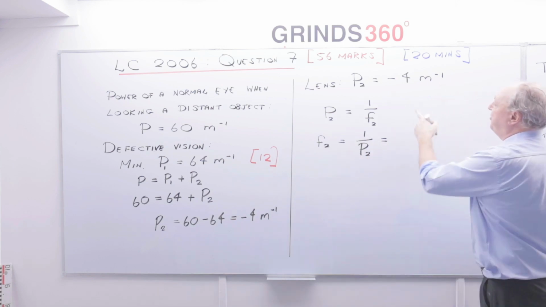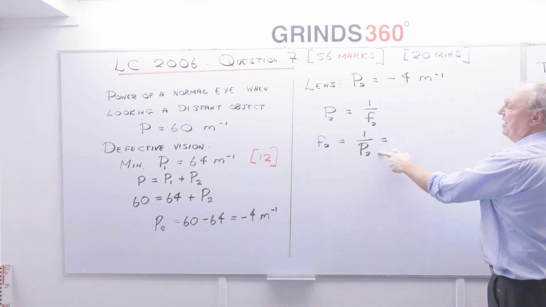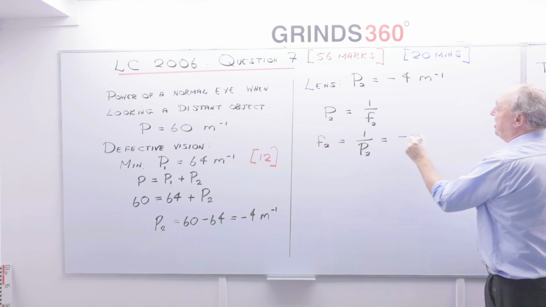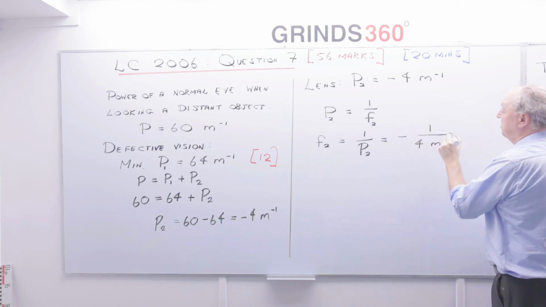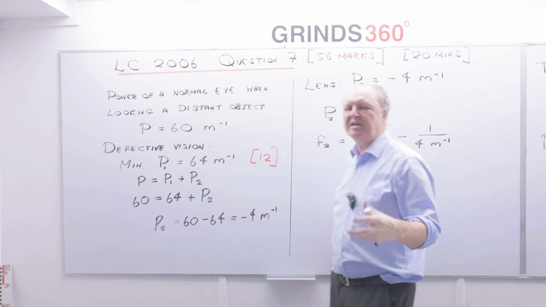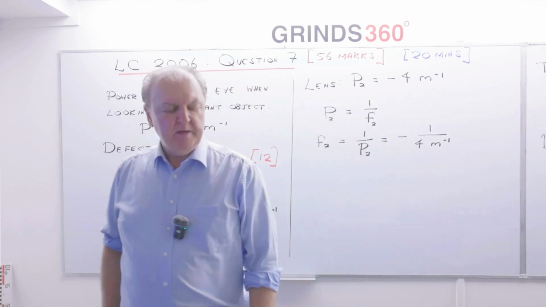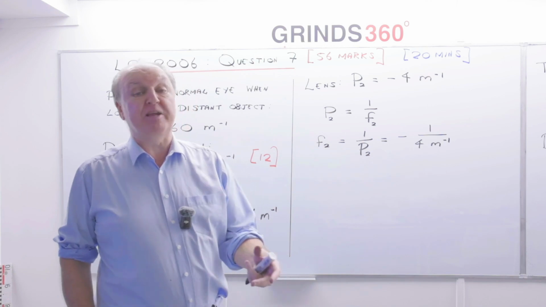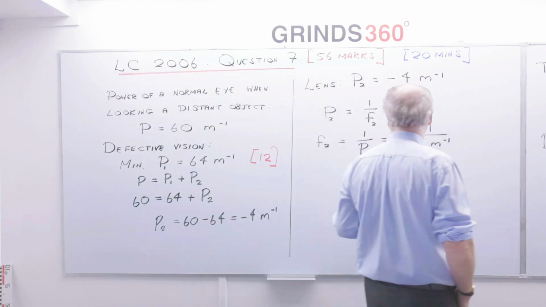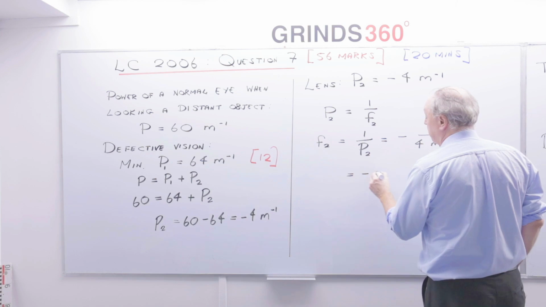So F2 is equal to 1 over minus 4 per meter. Throw the minus out in front: 1 over 4 per meter. I don't normally put the units in, but I will here just to make a point. So I end up getting minus a quarter. Put that into your calculator, do it in your head. That's minus 0.25.